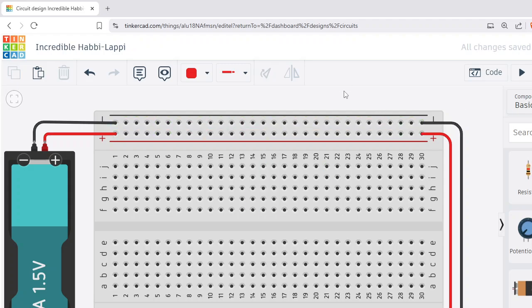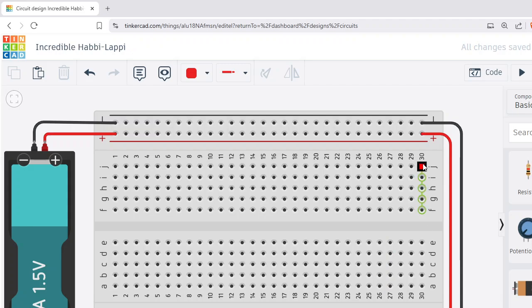Now, these are outer rails. These are basically for giving the electricity to the breadboard. So the breadboard electricity comes from these two rails or these two rails. These inside ones are basically used for placing components. Here the structure is a little different.